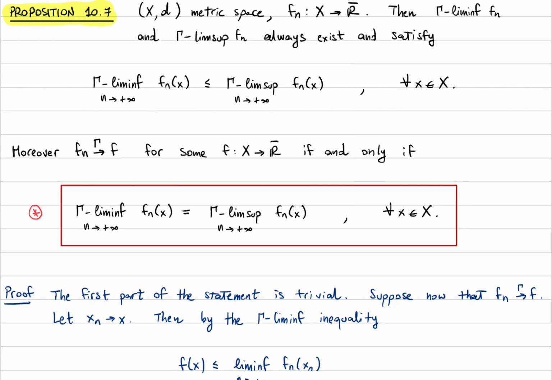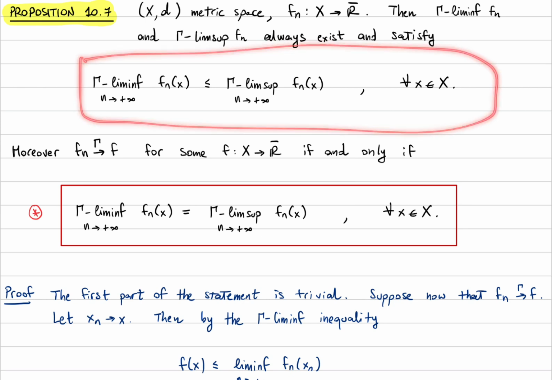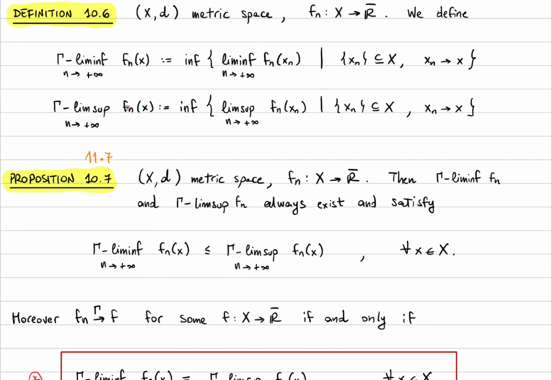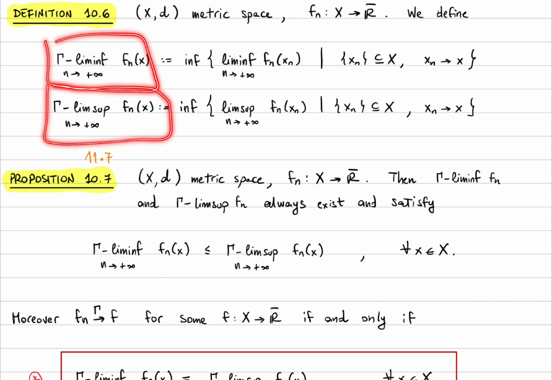Also this inequality is obviously true, because this is the inf of lim-infs and this is the inf of lim-sups. For every fixed sequence, you clearly have that the lim-inf is less or equal than the lim-sup. So you can take the infimum on the left-hand side and on the right-hand side, and you conclude that gamma lim-inf is less or equal than gamma lim-sup.